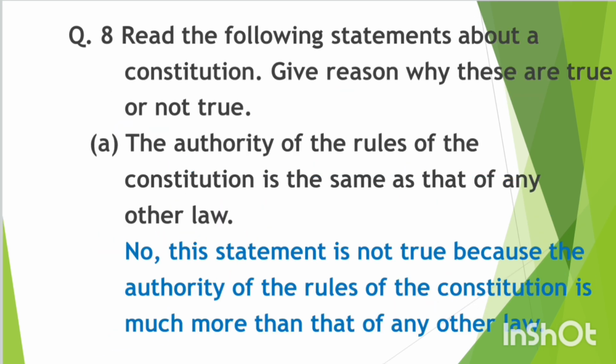So next, question number 8. Read the following statements about a constitution. Give reasons why these are true or not true. First, the authority of the rules of the constitution is the same as that of any other law. So the answer: no, this statement is not true, because the authority of the rules of the constitution is much more than that of any other law.